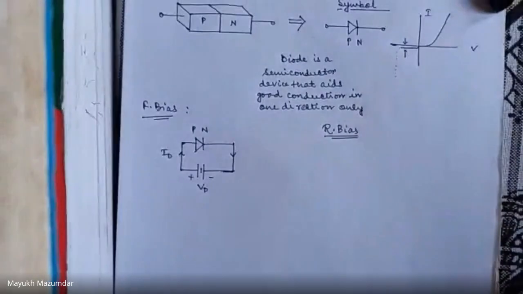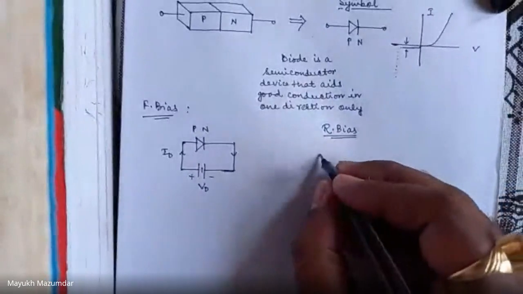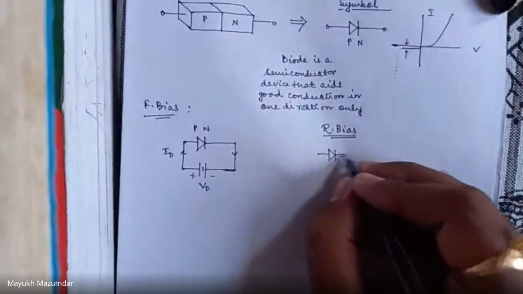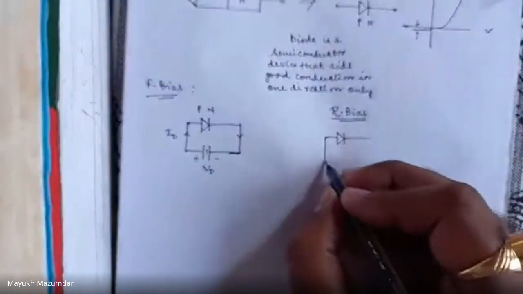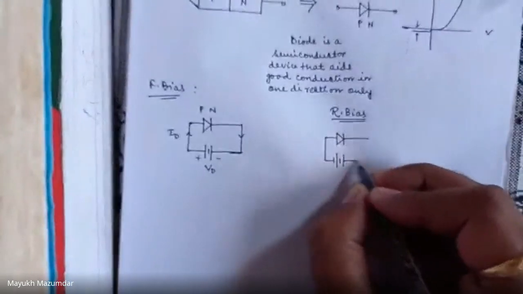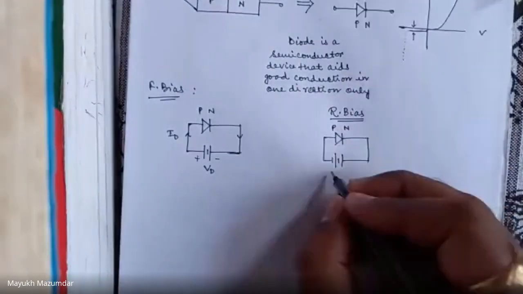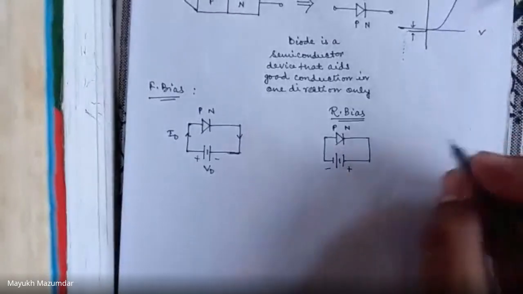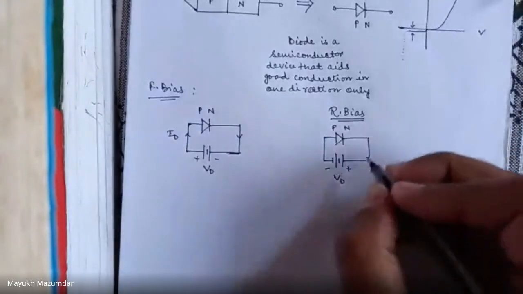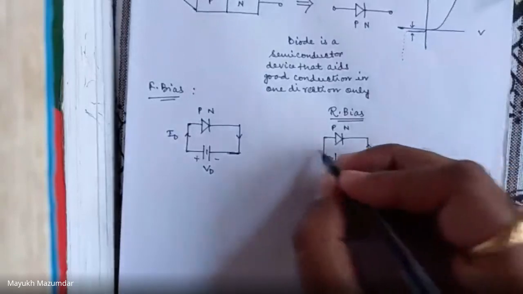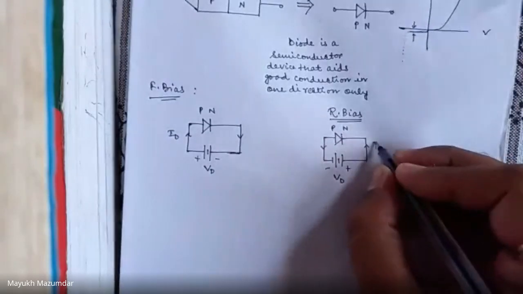And what is the reverse bias circuit? Same thing, but the P side is getting negative and the N side is getting positive, with voltage Vd. But still there would be a flow of current.